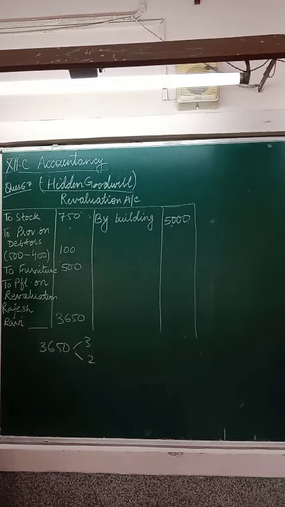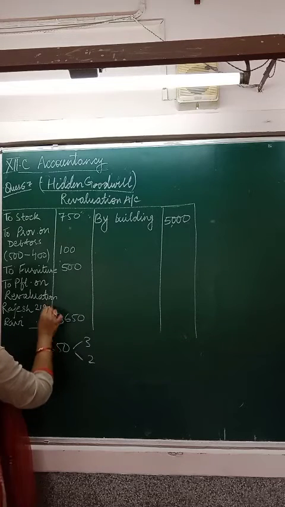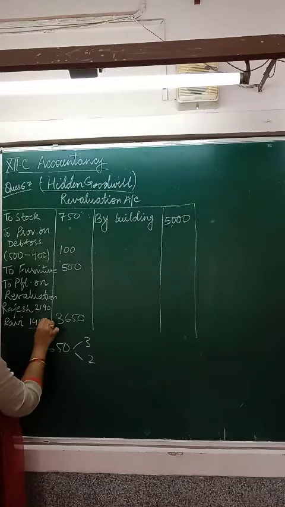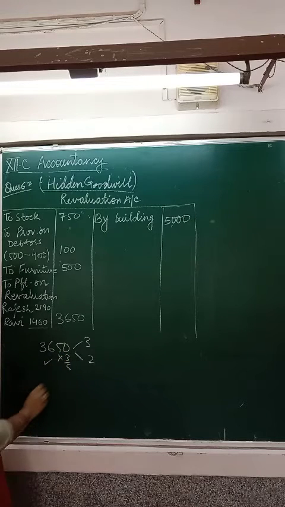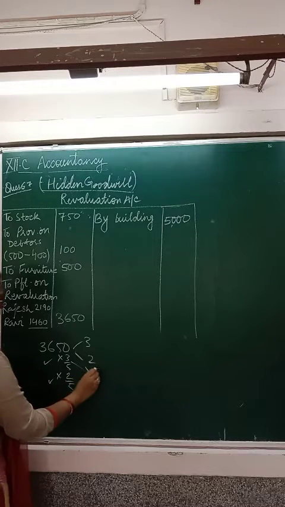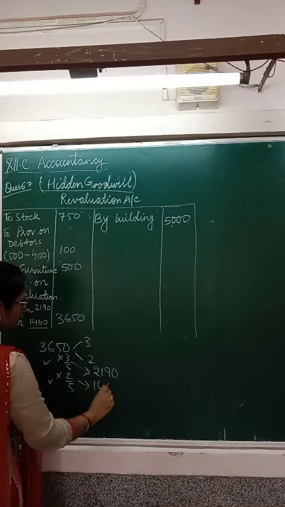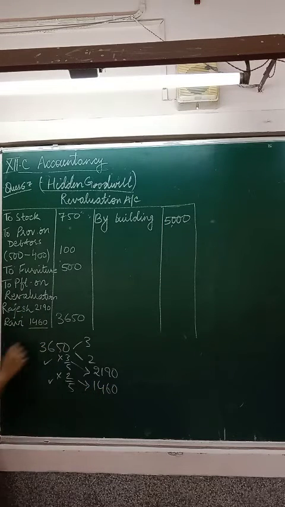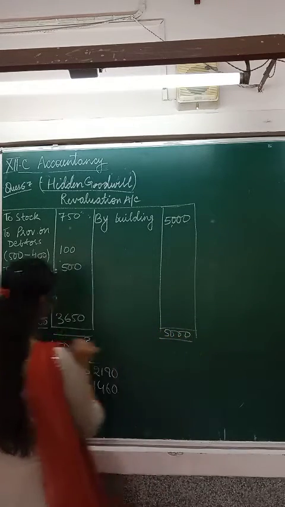The amounts you are going to place here are rupees 2190 and rupees 1460. 3650 into 3/5 for Rajesh and into 2/5 for Ravi. For Rajesh it comes out to rupees 2190 and for Ravi it comes out to rupees 1460. We are going to place this and then we are going to balance the revaluation.